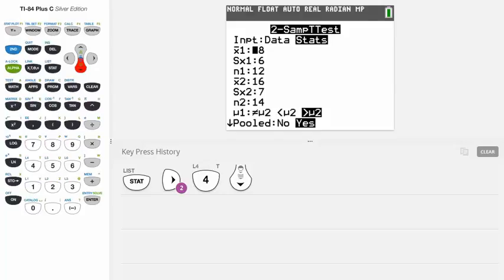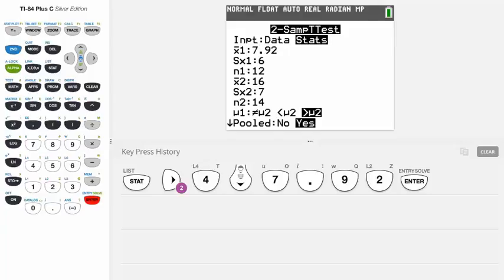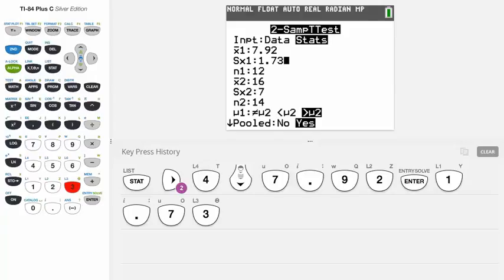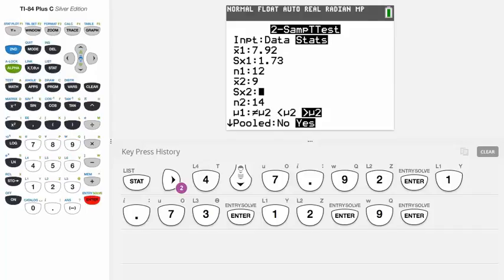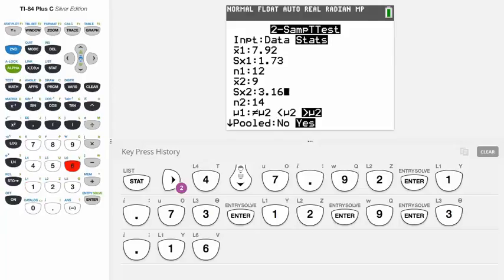X bar sub 1 is 7.92. S sub 1 is 1.73. N sub 1 is 12. X bar sub 2 is 9. S sub 2 is 3.16. N sub 2 is 6.